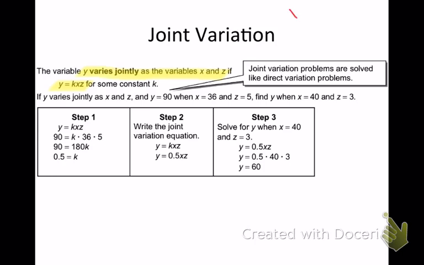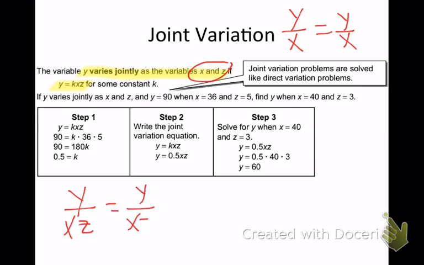The only difference here is instead of saying y over x equals y over x, remember x and z are together. So we're going to say y over xz equals y over xz. And I can then find my joint variation there, or I can find the constant variation and then find x, y, or z from there. Okay, so joint variation, notice the x and z are combined.